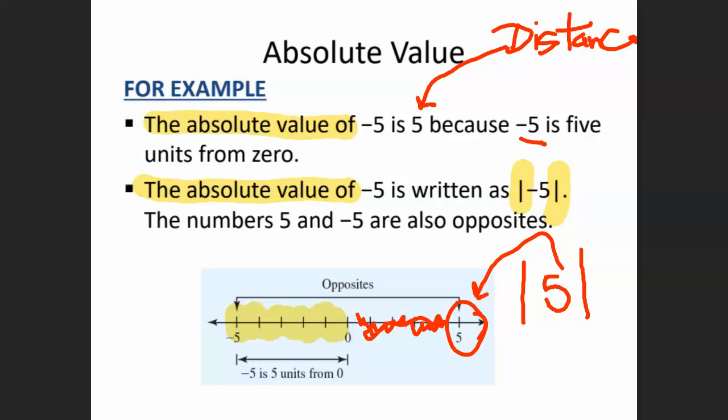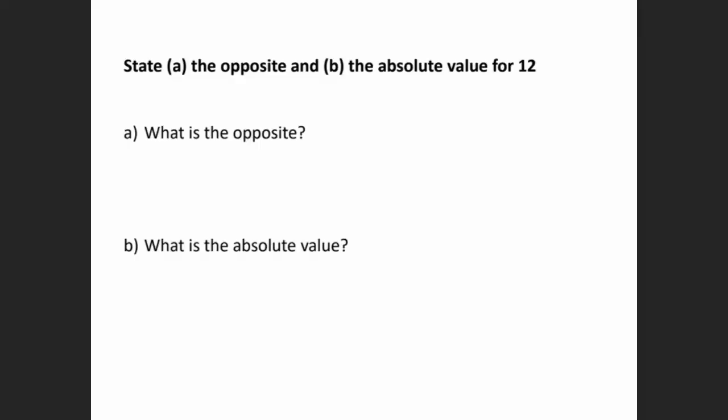Now, I have 2 slides where we're going to do a couple of problems, just like you're going to see for homework. It says, state the opposite and the absolute value of 12. Okay, now, just to get you in the swing of things, what is the opposite of 12?